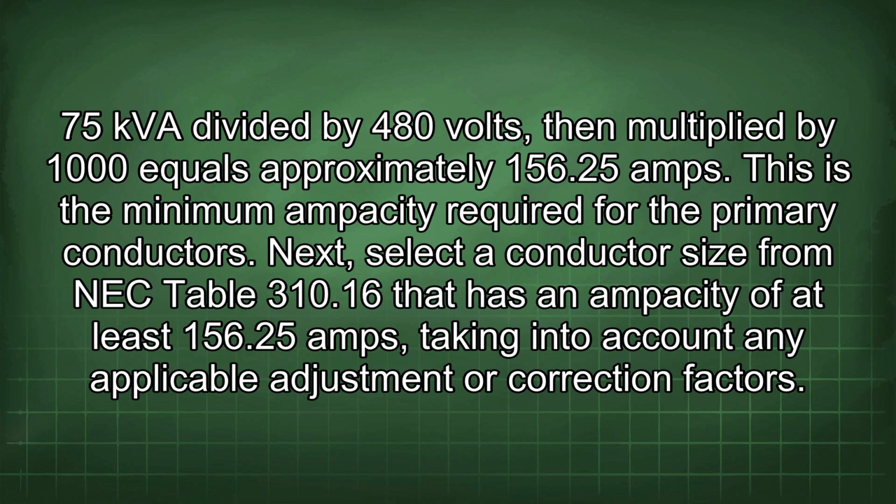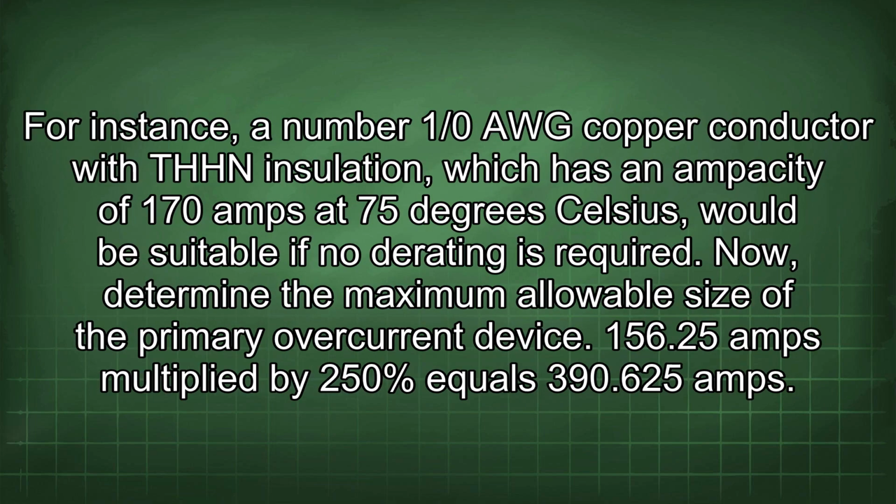Next, select a conductor size from NEC Table 310.16 that has an ampacity of at least 156.25 amps, taking into account any applicable adjustment or correction factors. For instance, a number 1/0 AWG copper conductor with THHN insulation, which has an ampacity of 170 amps at 75 degrees Celsius, would be suitable if no derating is required.